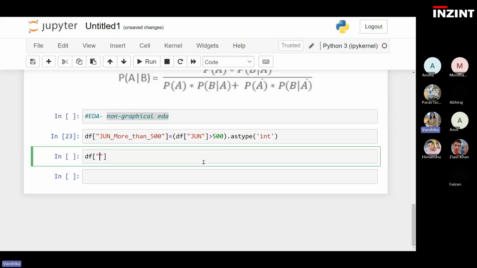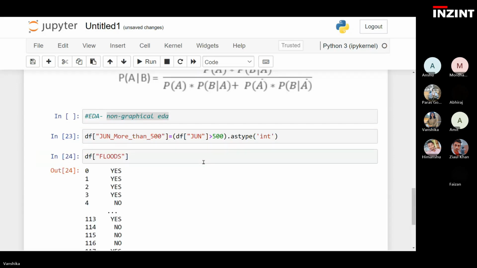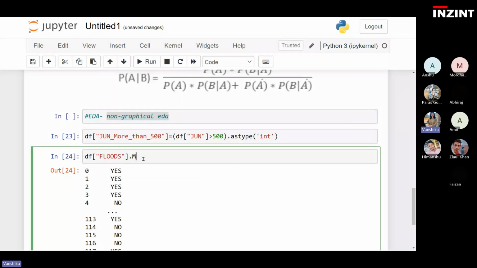Now, if I take you to the floods column as well, here also the information is categorical, in the form of yes or no. In order to be able to calculate it, I need to have it in form of ones and zeros. Okay, it will be comparatively easier for me to calculate. But yes and no is not a data type, so I cannot convert it using as type function. So what do we do? You are well aware of the map function. Use the map function and pass a dictionary. In this dictionary, mention that you have to change yes to 1. Key and value.